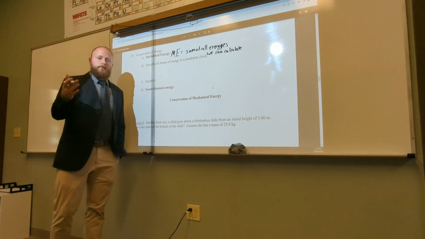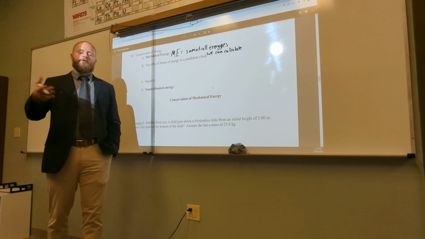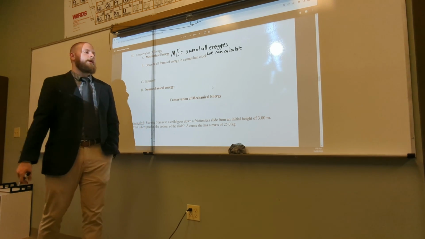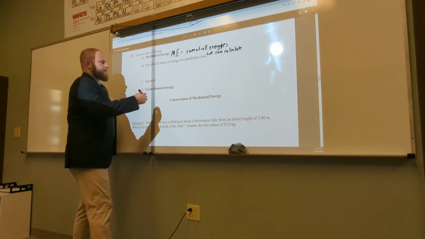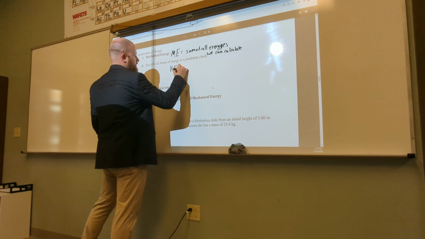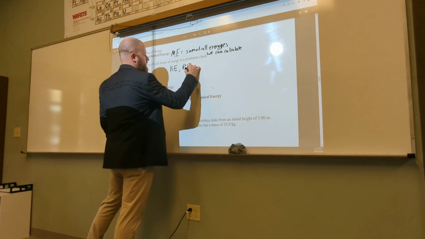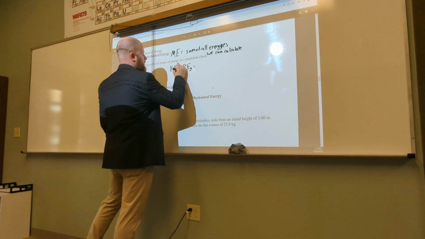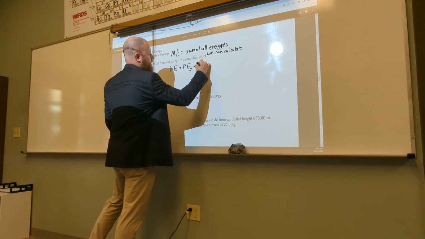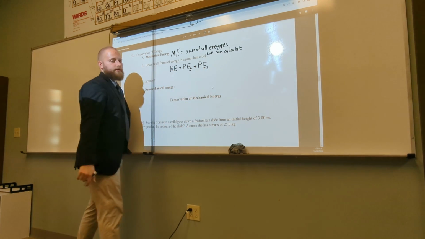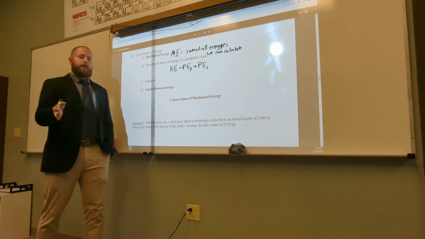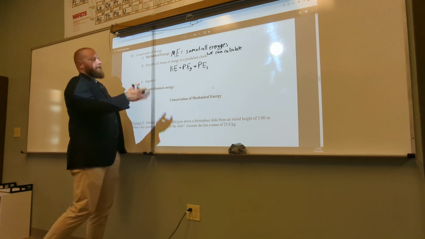So this won't include things like nuclear energy or heat energy, but it includes KE, PE_G, plus PE_S, so spring potential energy. So every single thing that we know how to calculate is part of the mechanical energy.